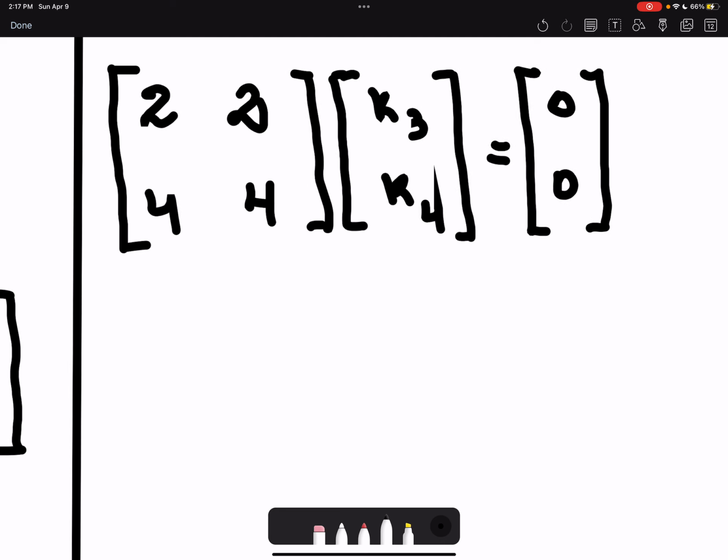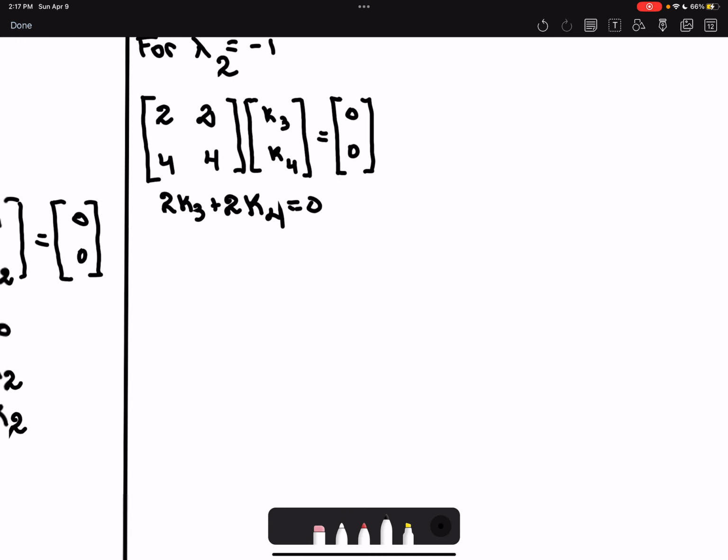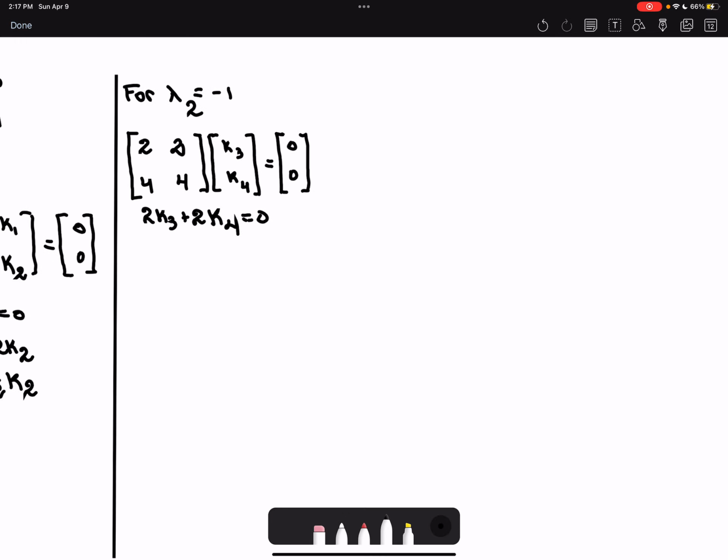And so now I'm just going to use the top one, k3 plus 2 k4 equals 0. And so now I can say that k3 is equal to the negative of k4.